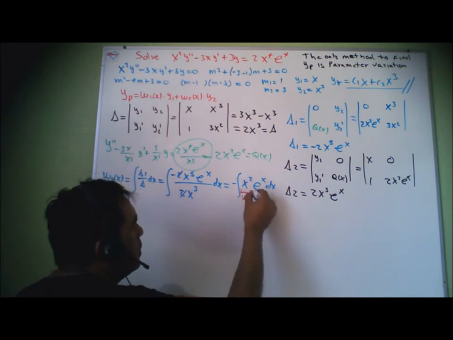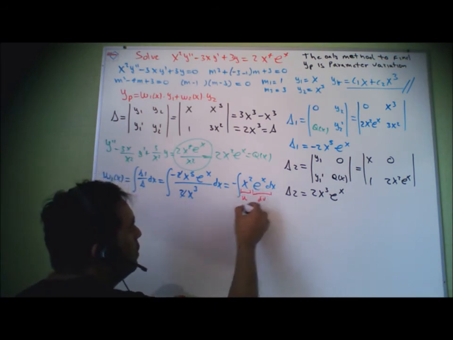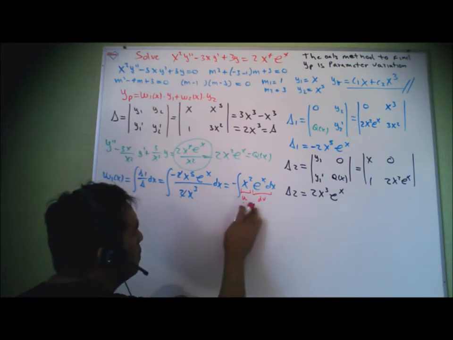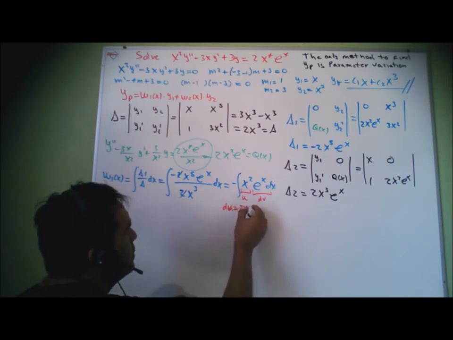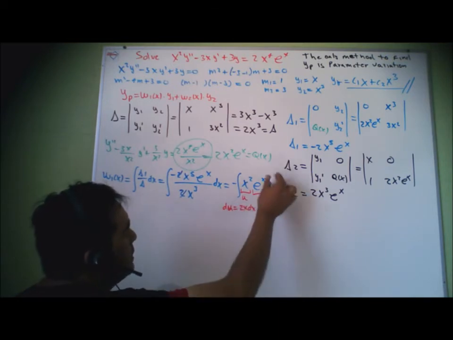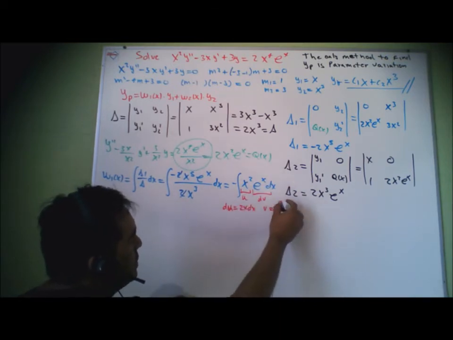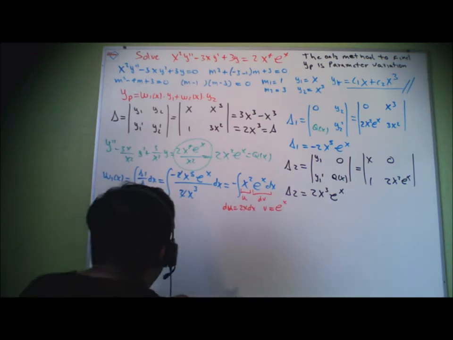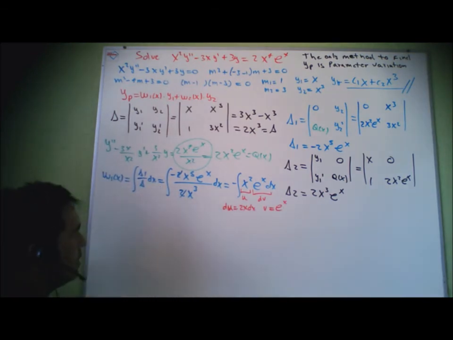So this is u and this is differential of v. So u is equal to x squared, so differential of u is equal to 2x differential of x. And v is the integral, because it's an exponential, it is the same exponential. Okay, so that is the integration by parts.